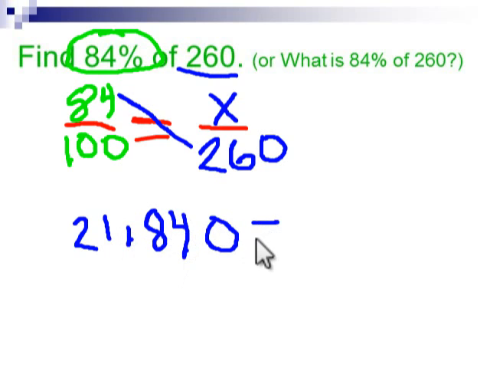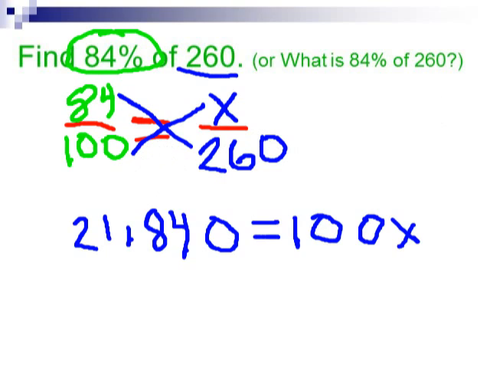And that has to equal 100x. So now I got my 100x by doing that cross product. Now all I need to do is solve my equation. The way I'm going to solve my equation is I'm going to divide both sides by 100.